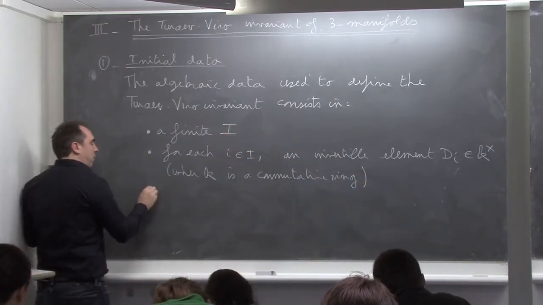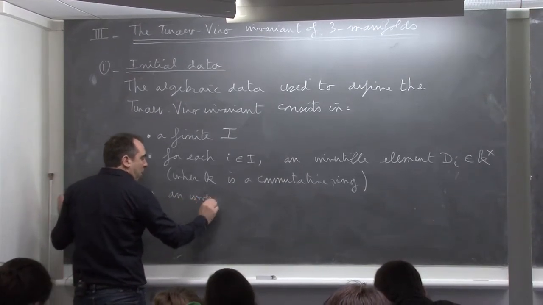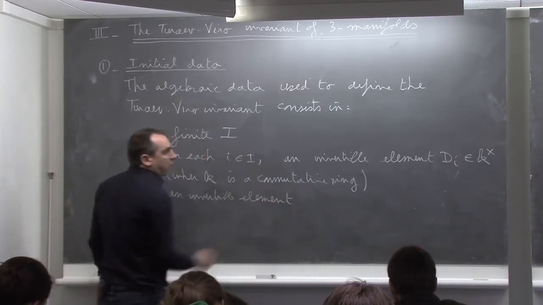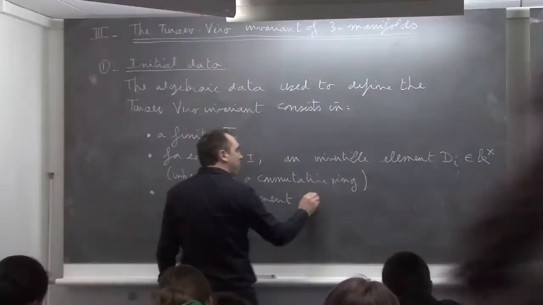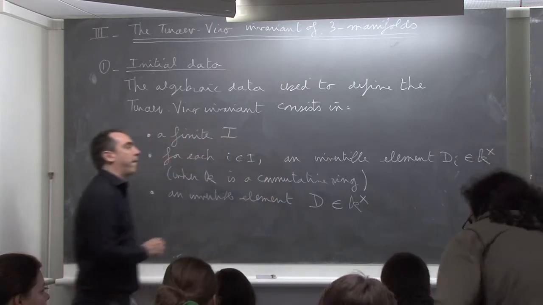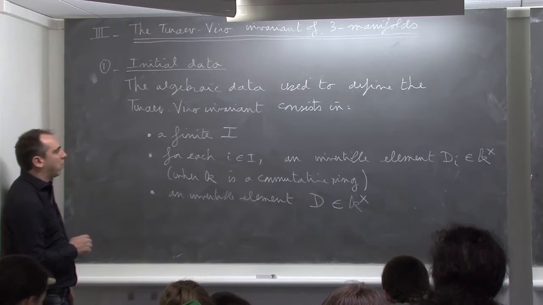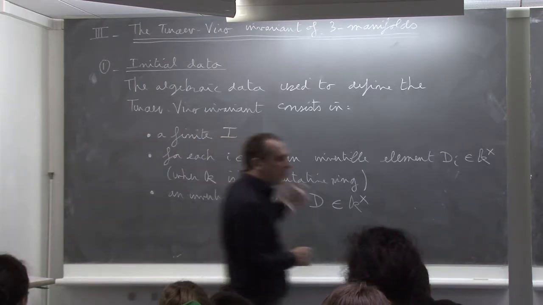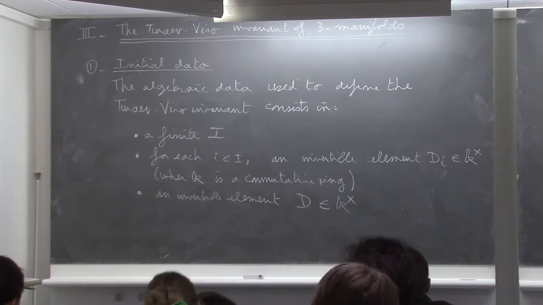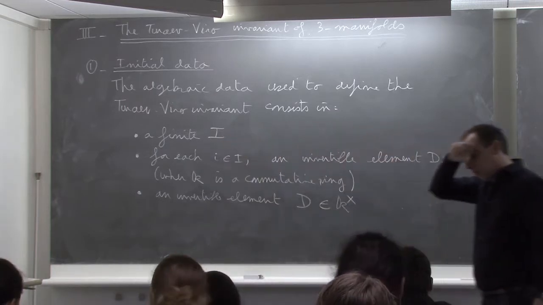We need also another element, invertible, that I will denote by D in this ring. So as I said, the element of the set I will be used to color the edges of a triangulation.